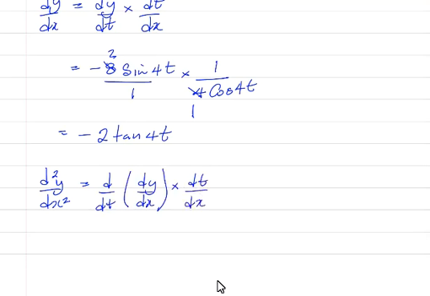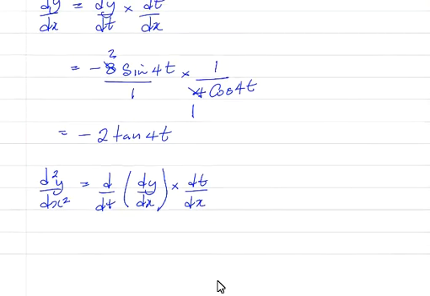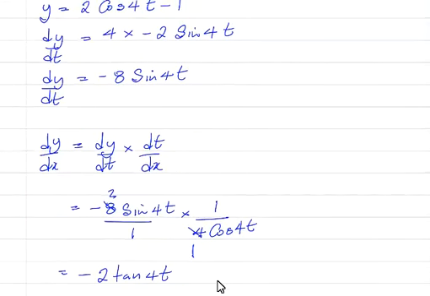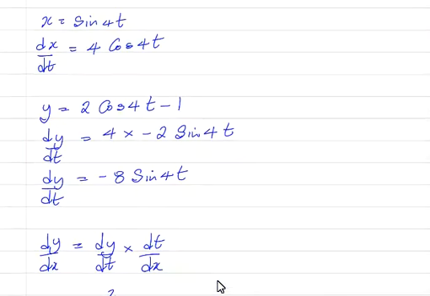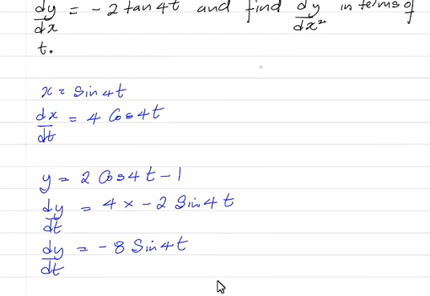So let us differentiate dy by dx, which is equal to minus 2 tan 4t.